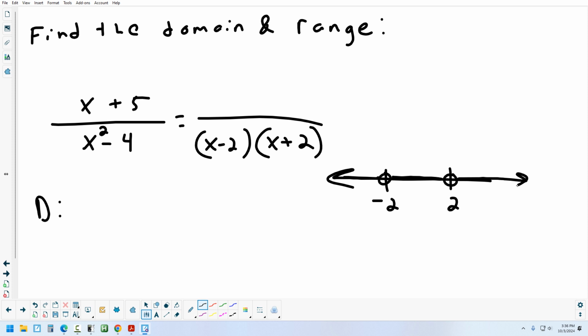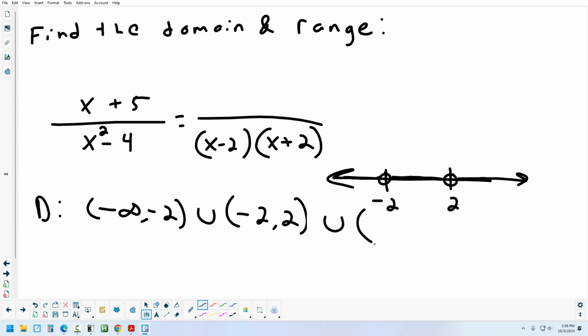The section lower than negative 2 is negative infinity to negative 2, not including it. What would the middle section be? Negative 2 to 2, not including it. Yep, negative 2 to 2, not including it. And what would the section on the right be? 2 to infinity, not including it. Perfect. So that's your domain.